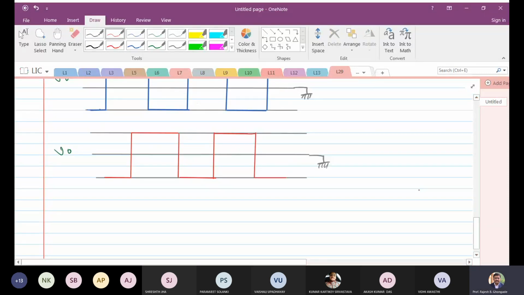And then we are going to see what is VD. VD is the phase difference.